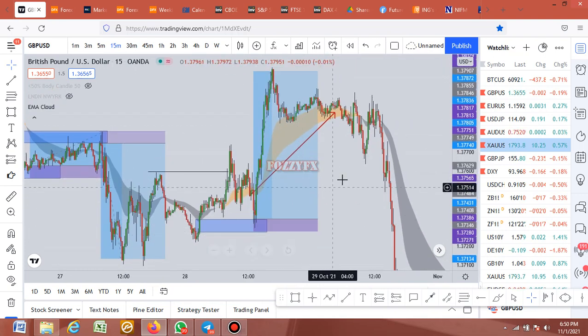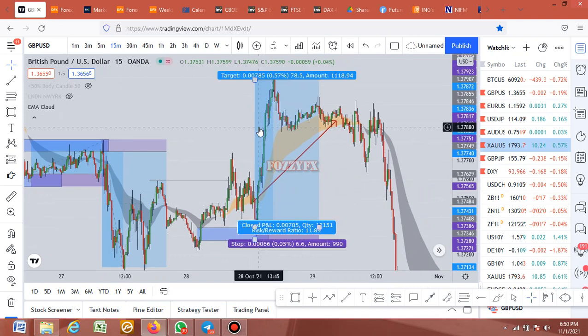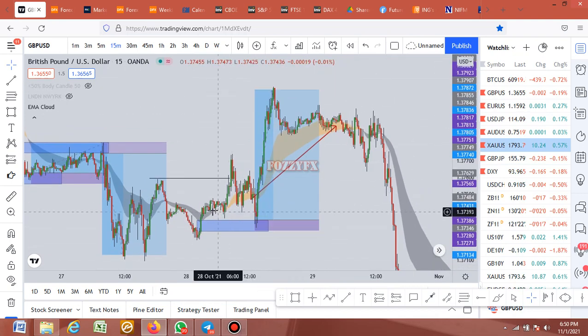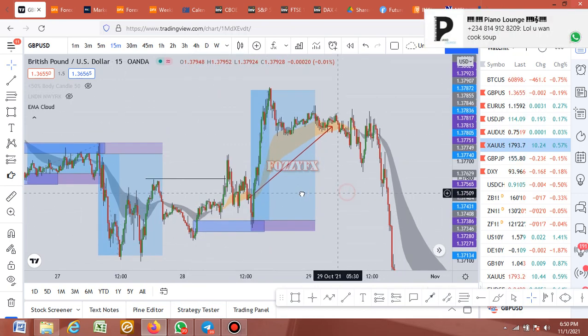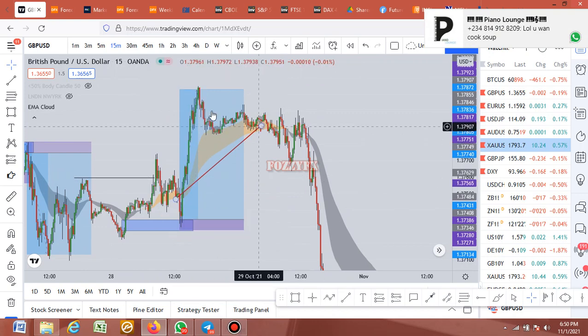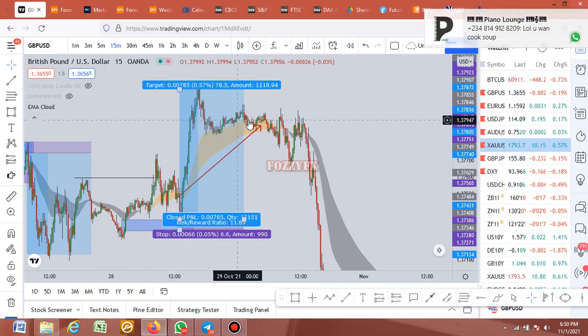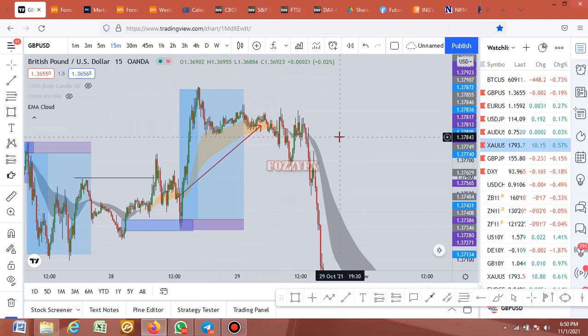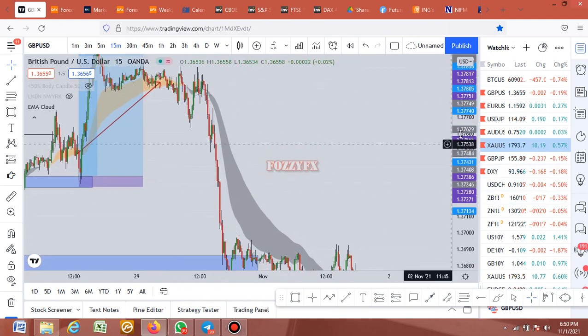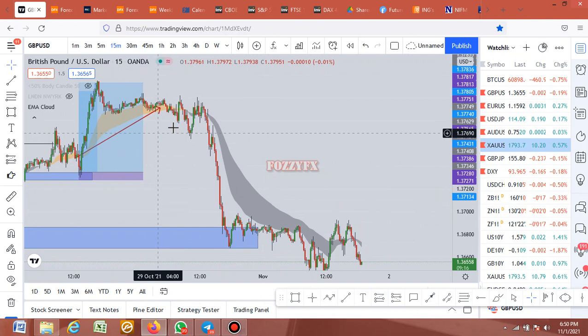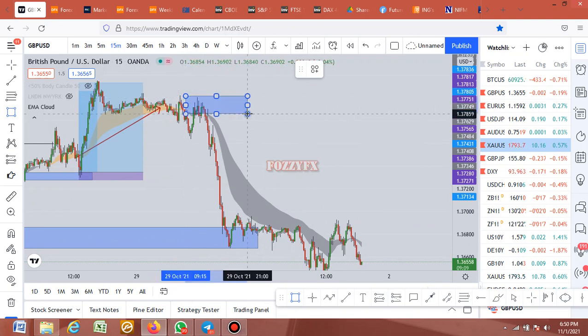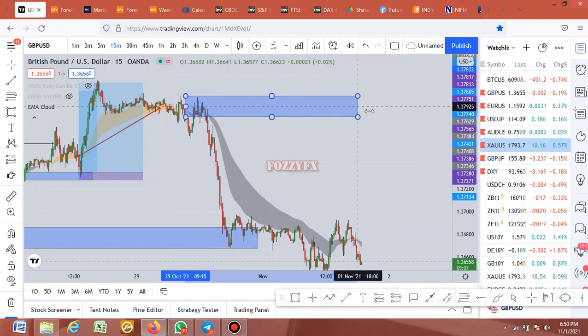I mean, you had a 6 pip stop loss, you have a win of over 78 pip, just because we saw the moving average cross, we saw the imbalance just around that area here, and boom, on this trade. So you could see that price started to drop, started to range, and of course we could see that we had a clean sell-off here on this trade here. So our focus might just be here, that probably if price trade to these levels in future, you might want to take some sales here.